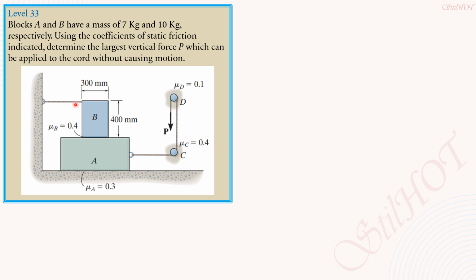So first, let's determine the tension that should develop here so that motion will not occur. There are two possibilities for the motion of B: one is by sliding past block A, or tipping about this point.